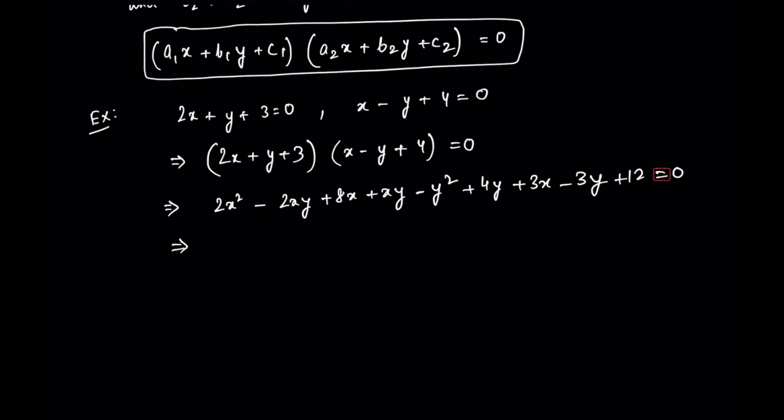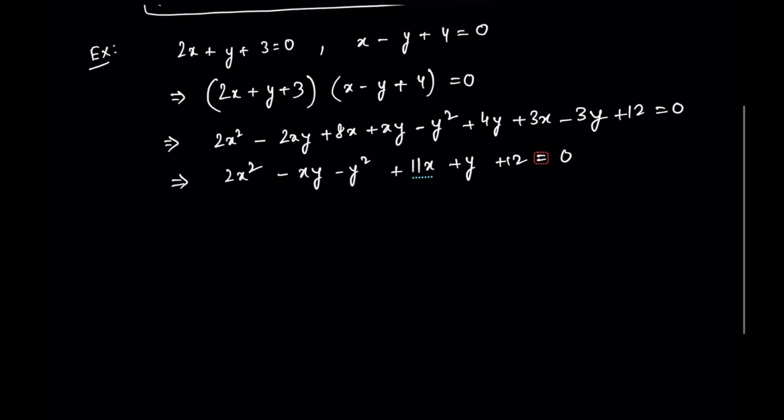Let's now take things together. This is 2x square, minus 2xy plus xy is minus xy, minus y square, plus 8x plus 3x is 11x, and y is how much, 4y minus 3y, so plus y, and plus 12 is equal to 0.